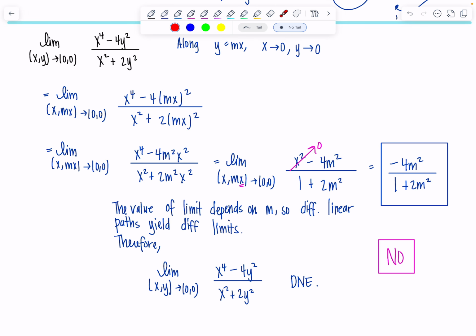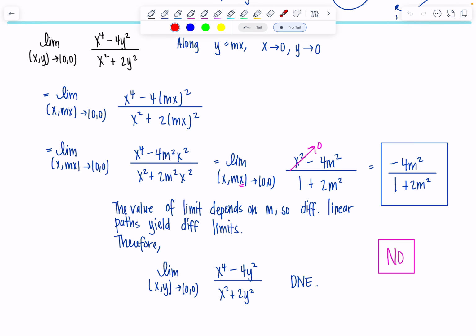There's infinitely many paths. They don't all have to be linear. So again, when you're testing along y equals mx, the only way you actually can finish the problem and get a conclusive result is if it's dependent on m and you say the limit doesn't exist. This will never help you show a limit exists or what it's equal to, okay? Path testing is only to show the limit doesn't exist.